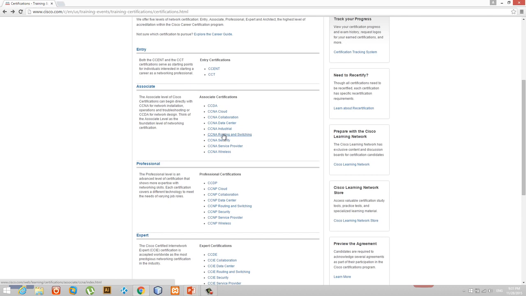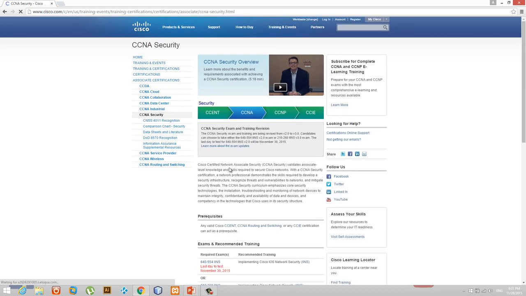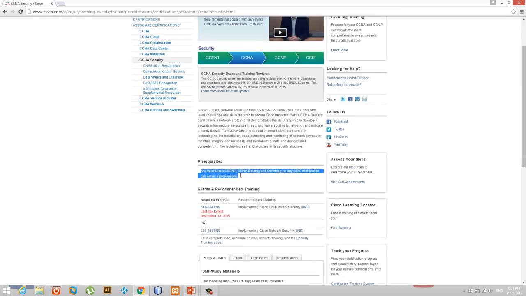So if you want to do many courses, let's say for instance CCNA security, the prerequisite is any valid CCENT, that is the 100-101 paper that we discussed earlier, or Cisco Certified Network Associate Routing and Switching. So routing and switching, or CCNA R&S, forms the base for a lot of certifications in the CCNA series.